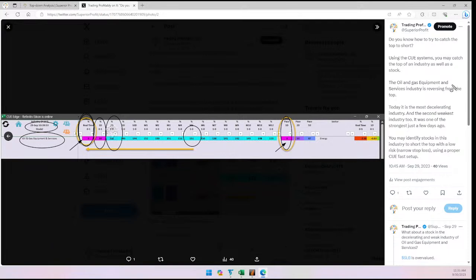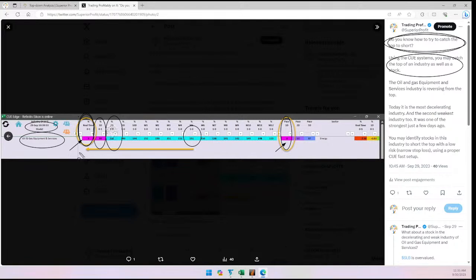And I mentioned in the tweet, do you know how to try to catch the top to short? And if you reverse this picture from cyan to magenta, magenta to cyan, then you will also know how to catch the bottom. And here I am not talking about a stock, it's about the industry itself.